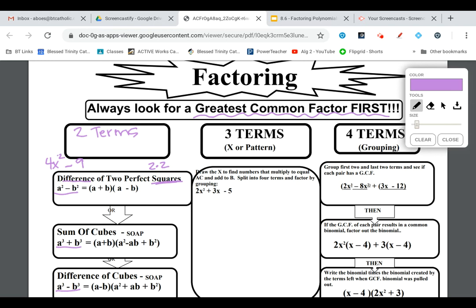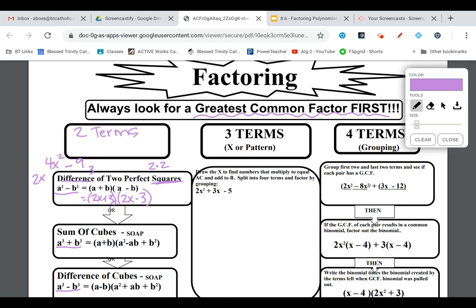So the square root of each of my terms. The square root of 4x squared is 2x, and the square root of 9 is 3. So my two factors would be 2x plus 3 times 2x minus 3.